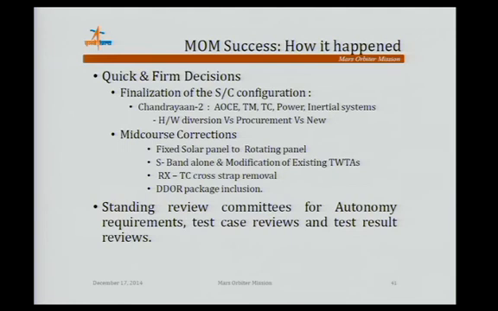Development time got reduced because most of the hardware like AOC, TMTC, power, and inertial system hardware were available, which was put into use for Mars, along with hardware diversion versus procurement versus new. We judiciously took a stand on which elements could be diverted to Mars, and minimized new development and procurement so that all the resources available are used here.